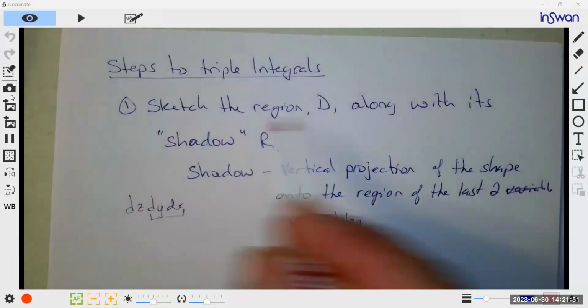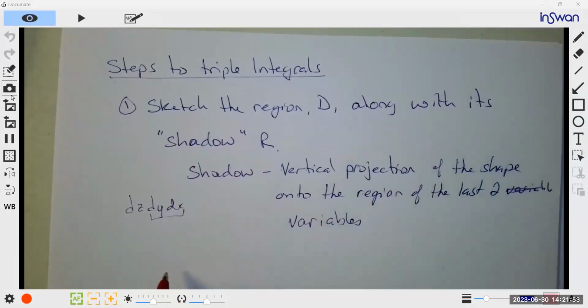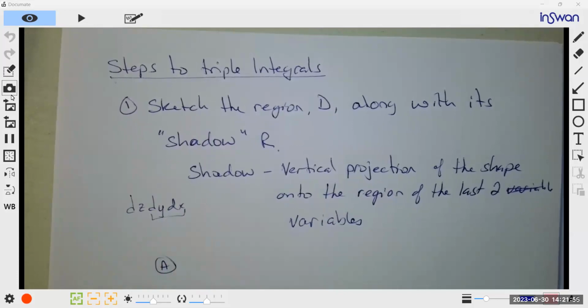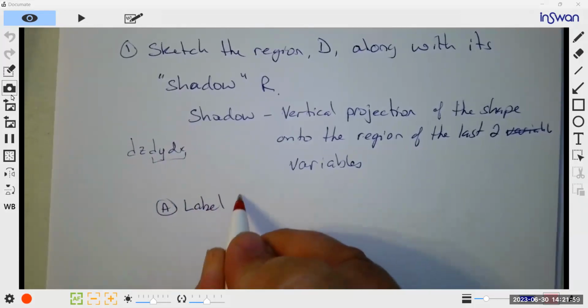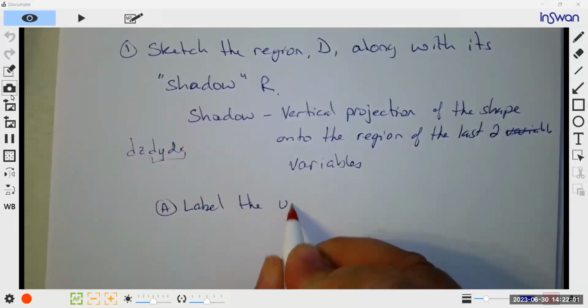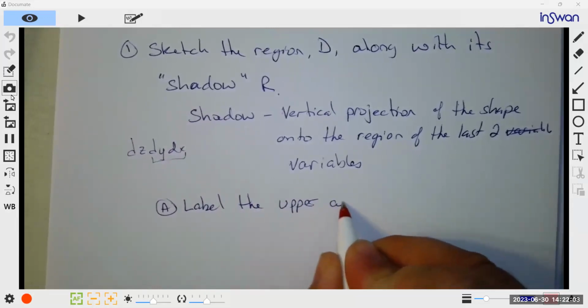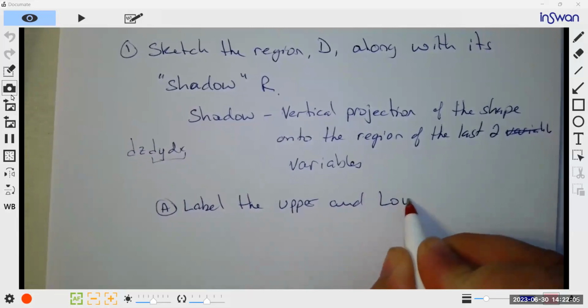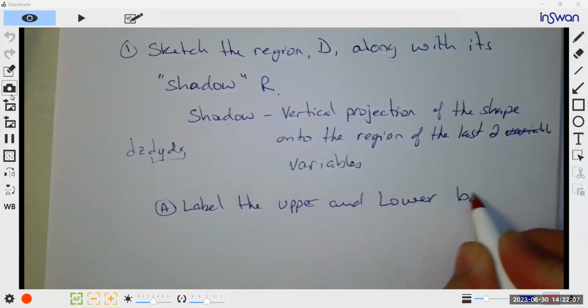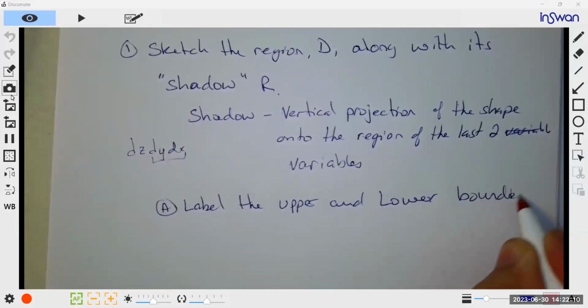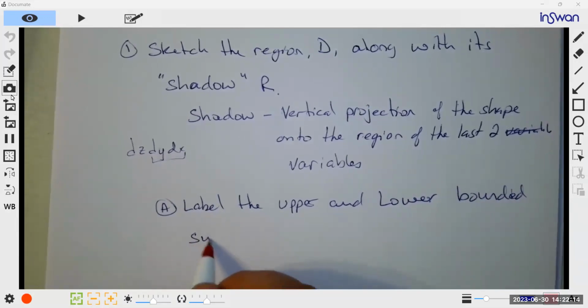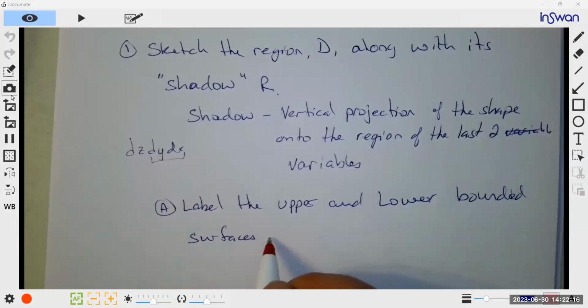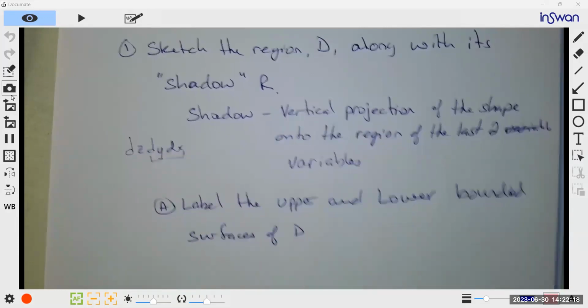Once you draw your graph, label the upper and lower bounded surfaces of our shape.